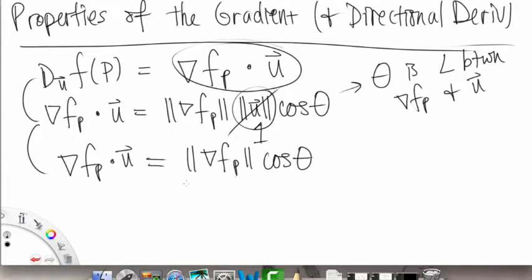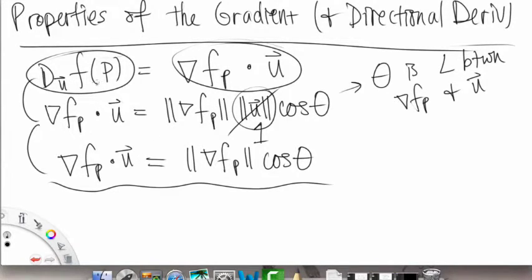So what we see, from a more analytical perspective, is that the rate of change of the function, our directional derivative, varies with the cosine of the angle. I'll write that relation down here again so we can see it more closely.